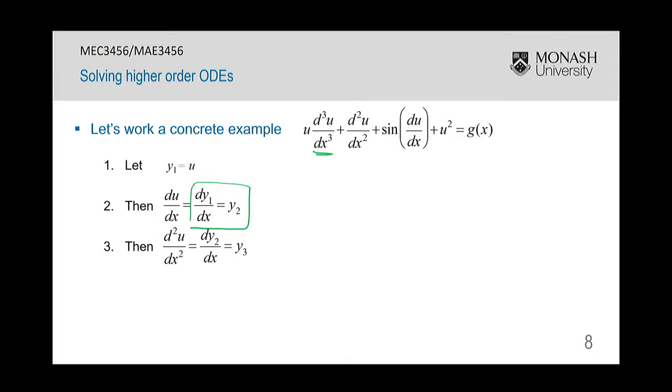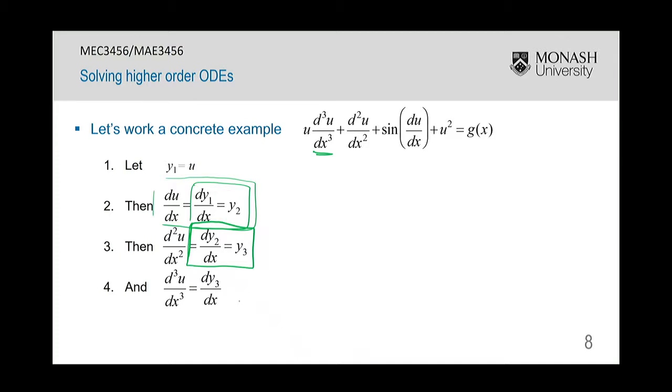We then say that d squared u/dx squared is just equal to the first derivative of this entire expression here, is equal to dy2/dx, and we're going to let that equal y3. It's a new variable. So here is our second ODE. d cubed u/dx cubed is simply equal to dy3/dx.